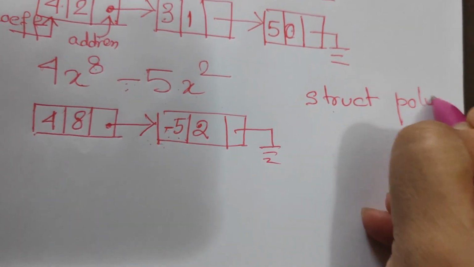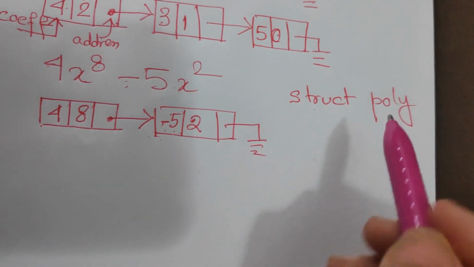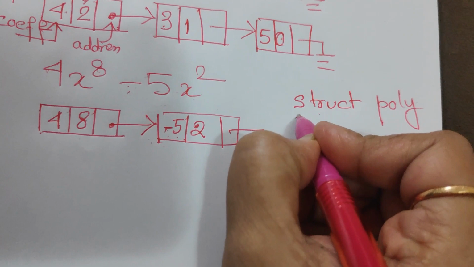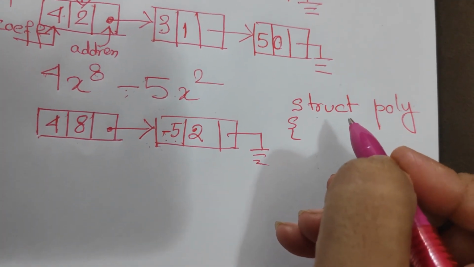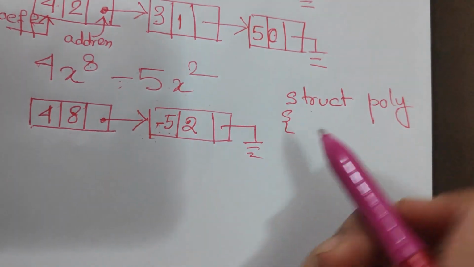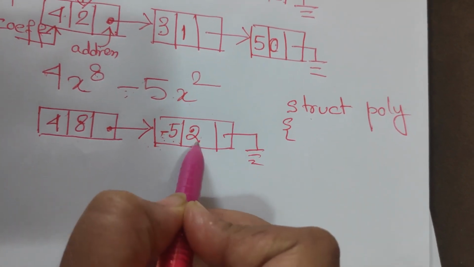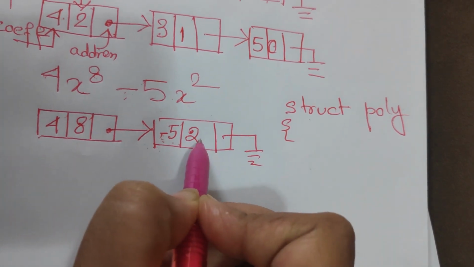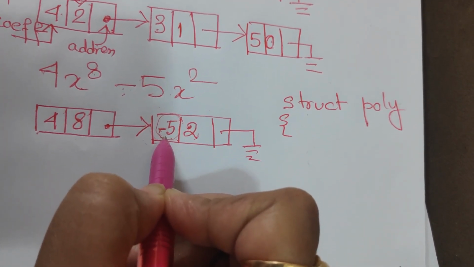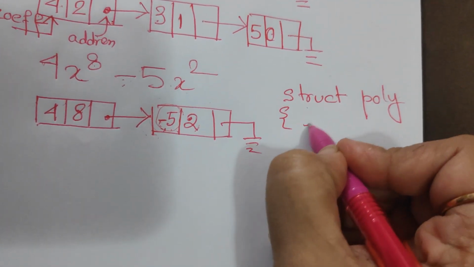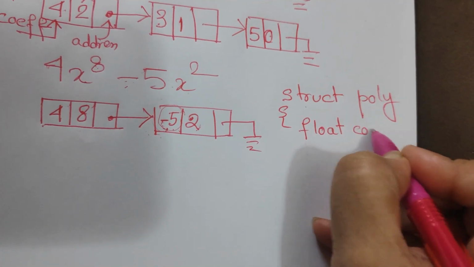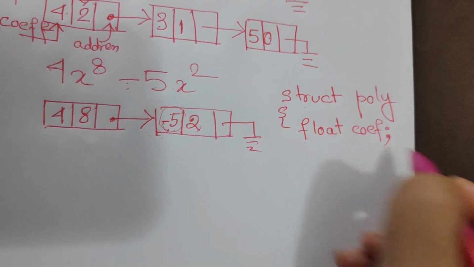Struct poly. Let us name the structure of the polynomial as poly. Now, so far in linked lists we have taken only one data part. Over here there are two parts, right? Coefficient and the exponent. Now this coefficient can be floating point, so it will be a float type variable, coef, right?